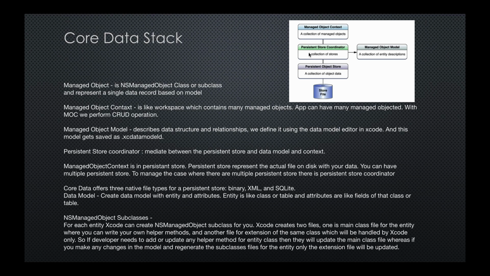This is why we have the persistent store coordinator. The persistent store coordinator is a mediator between the managed object context, the managed object model, and the real persistent store. Maybe there will be a collection of persistent stores, so to coordinate between these we have the persistent store coordinator. This is how the Core Data stack looks.